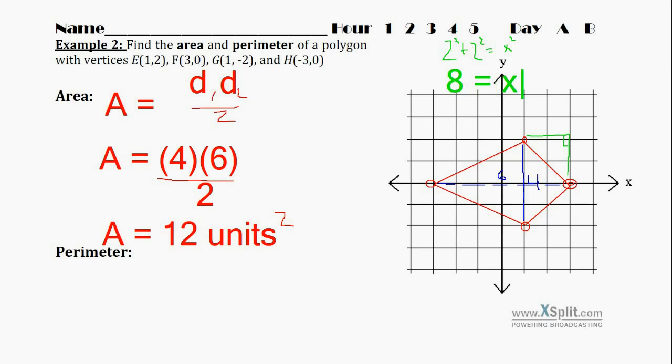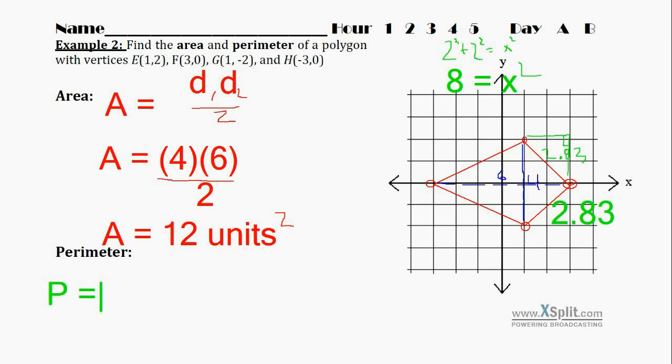Square root both sides. The square root of 8 gives us 2.83 or so. So this side is about 2.83. And incidentally, this side down here is also going to be 2.83.